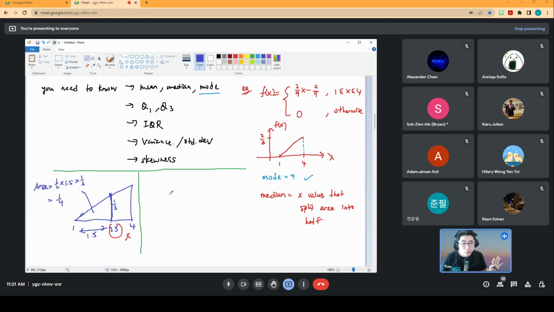Please understand the question they're asking here is not statistics. They are all logical thinking. Just use logical thinking to figure out the answer, because we didn't use any advanced technique. It's all purely understanding here. The objective is just to find the value of x that splits the area into half, 0.5. That's all.